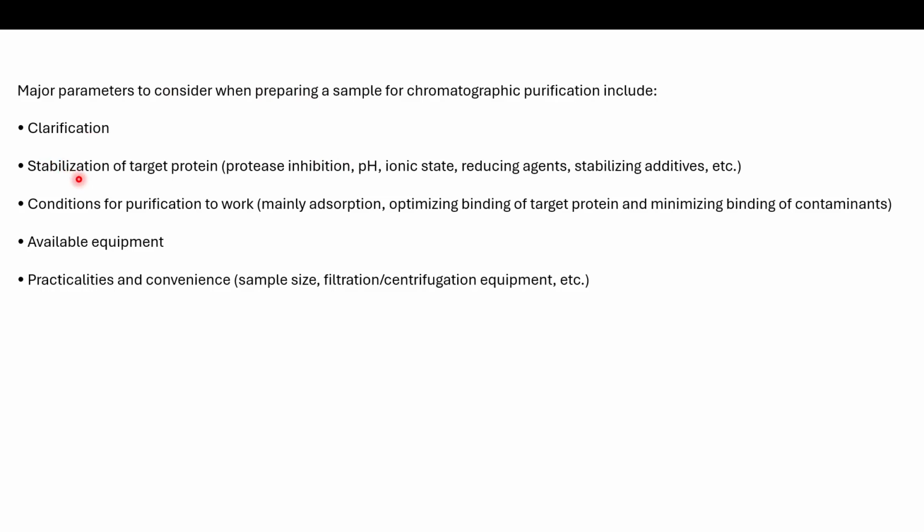Then you also have to check the stability of your target protein, right? Because you want to purify protein, and when you break open the cells, there are numerous types of proteases present inside naturally. So you have to inhibit those proteases, because your protein of interest might be a good target for certain proteases.